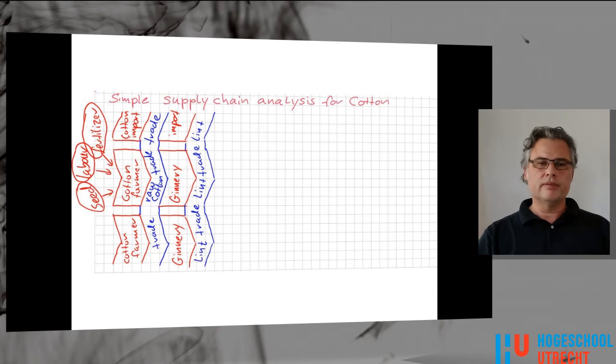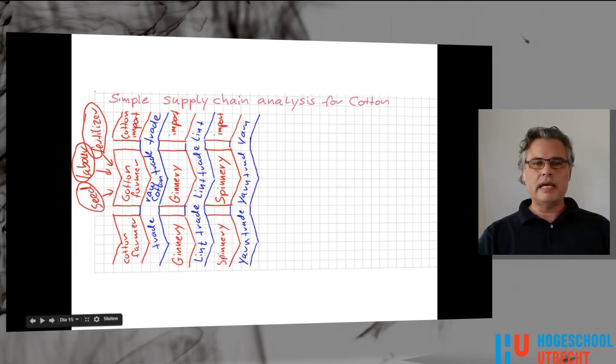Now you can see that the supply chain is actually a supply web. Hence I use the term value web. The lint goes to the spinneries that make yarn. And there is an international market for yarn as well. The yarn is taken to the weaveries and the knitters who make it into fabric.